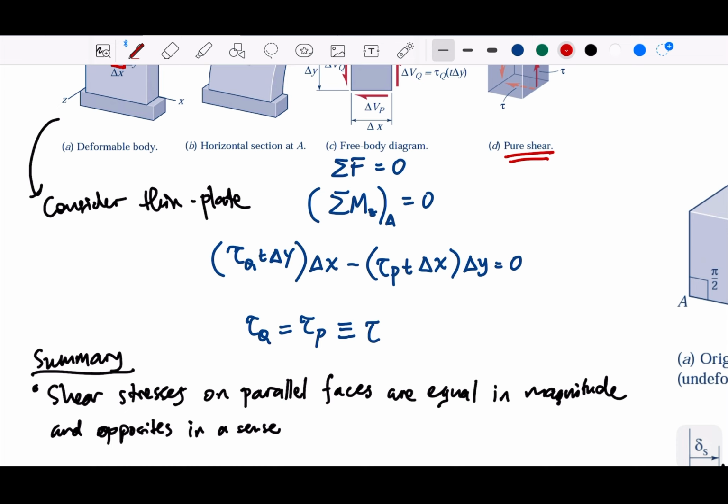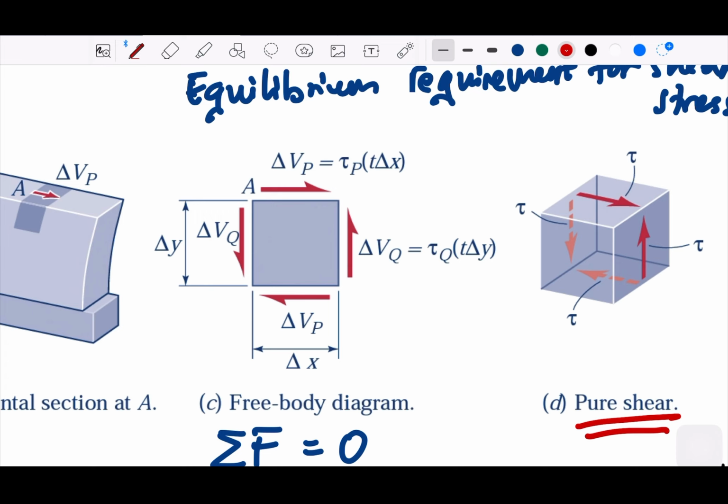So the key important thing here is equal in magnitude. Parallel face, which means this one here. So the one that is parallel here and parallel there, they have the same magnitude and opposite direction. Okay?